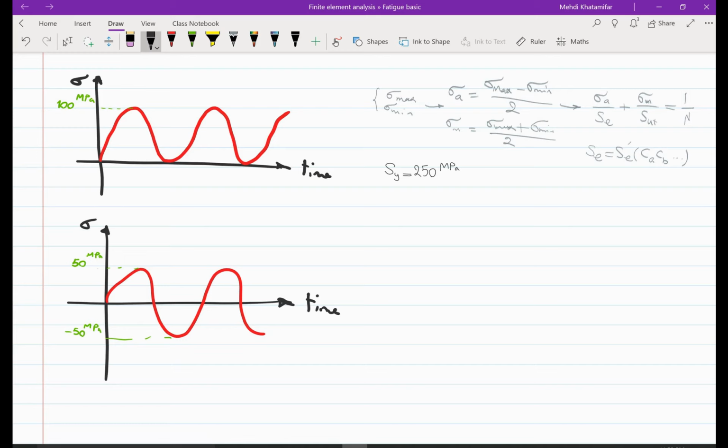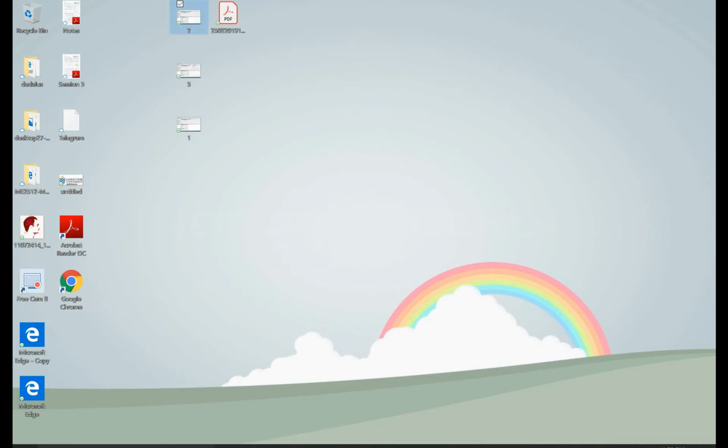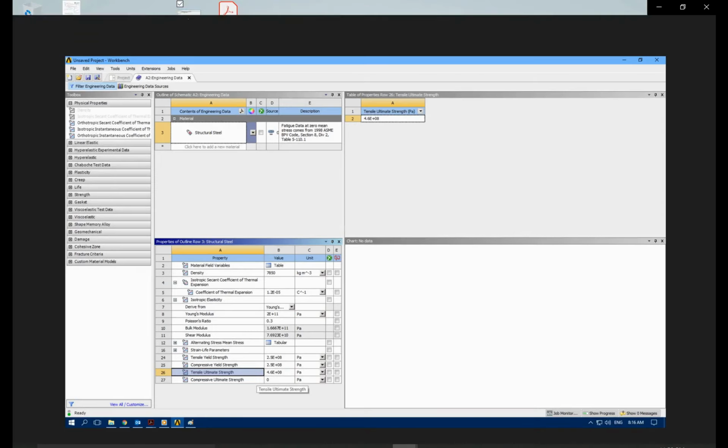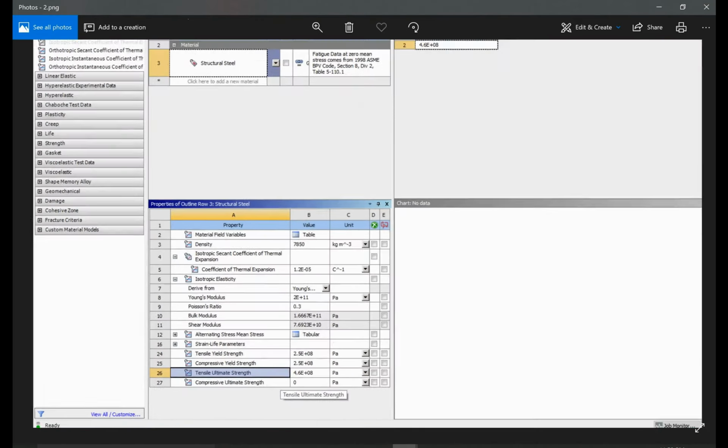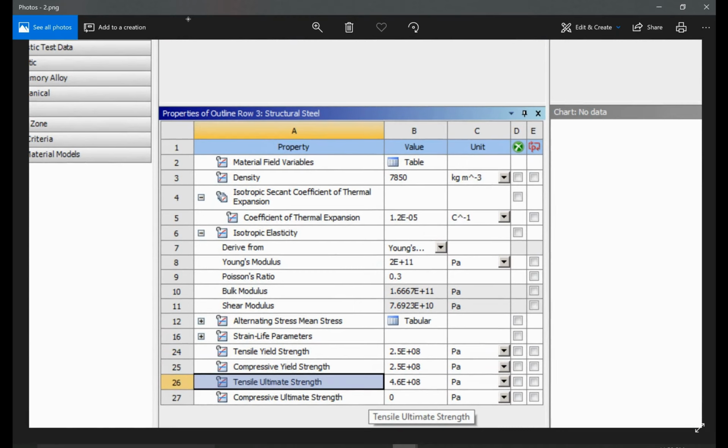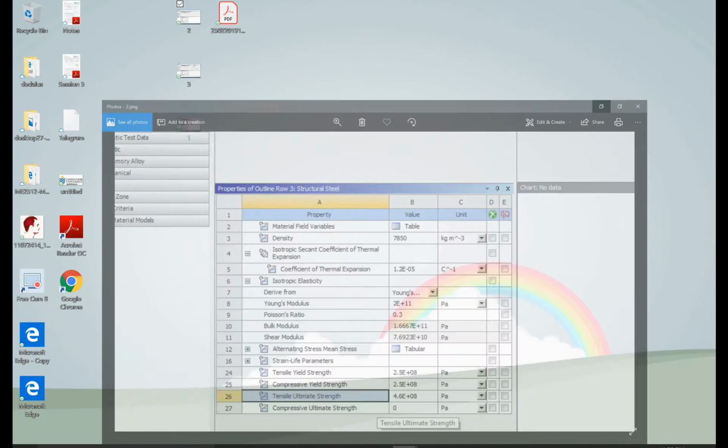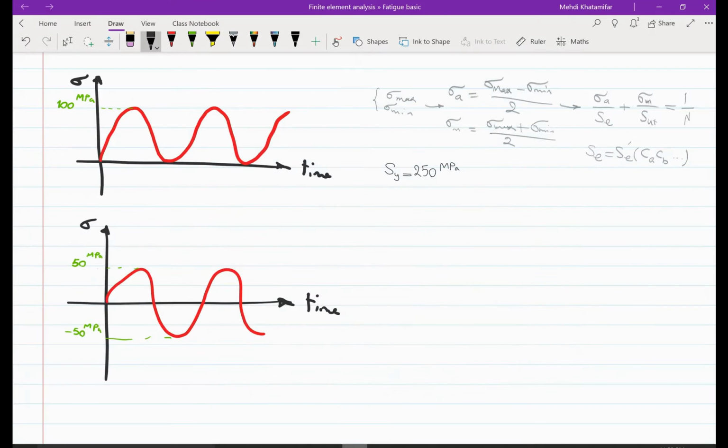We need ultimate stress. Let me check where the ultimate stress is. Again, inside the options, we have tensile ultimate stress, and it's 460 megapascal. Let's write it down. So ultimate stress is going to be 460 megapascal.